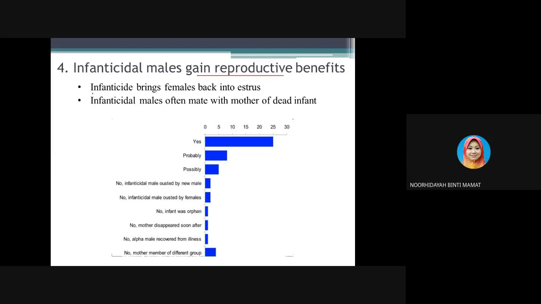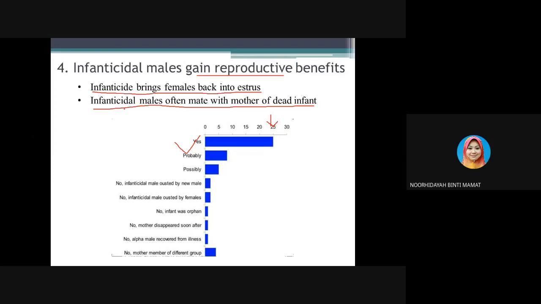As you can see from this bar chart, infanticide brings the female back into estrus, and the infanticidal males often mate with the mother of that infant. As you can see, they have the highest numbers. So this study shows that infanticidal males get more mating opportunities with the mother of that infant.